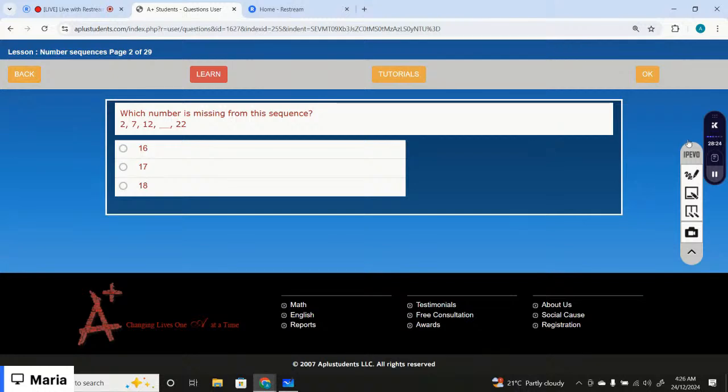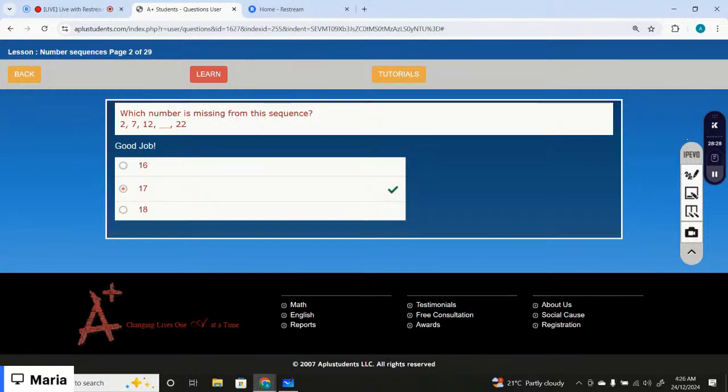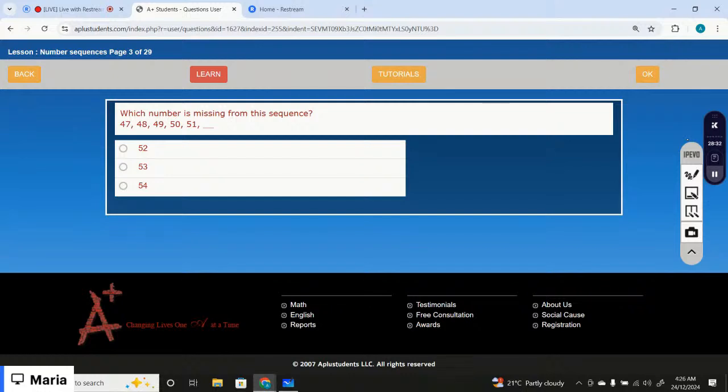The next missing number is 17. Which number is missing from the sequence? So, which is the correct option?